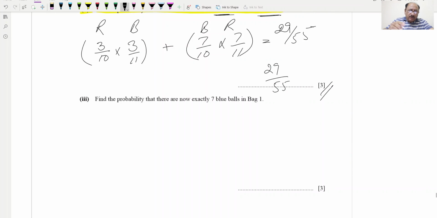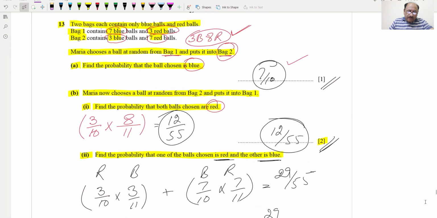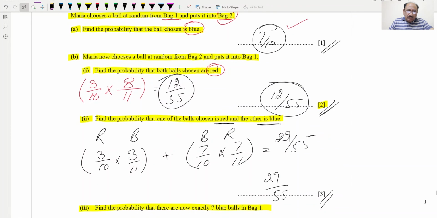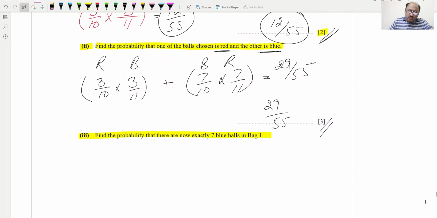Now for the third part, they're saying find the probability that there are now exactly 7 blue balls in bag 1. So 7 blue balls in bag 1 means that we take 1 minus this probability of red and blue which we have calculated over here.